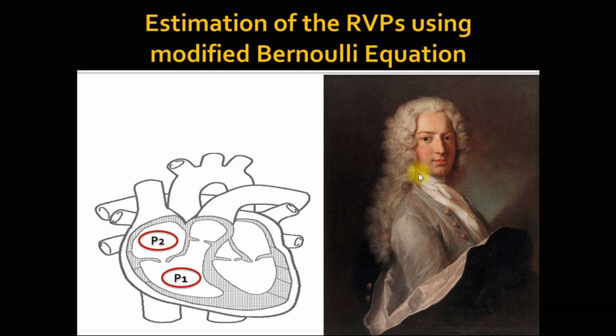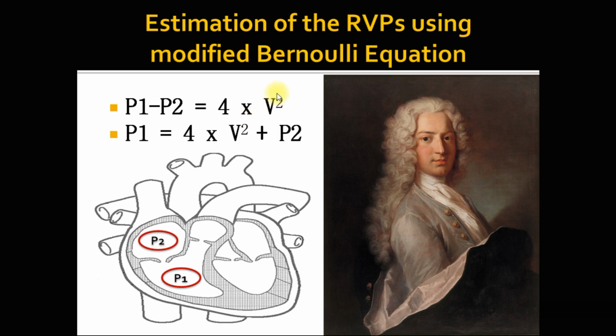Daniel Bernoulli developed an equation called the Bernoulli equation or the Bernoulli principle, and we have done a modification of this Bernoulli equation, called the modified Bernoulli equation, to estimate the right ventricular systolic pressure. The modified Bernoulli equation states that P1 minus P2 equals 4 times the velocity squared.